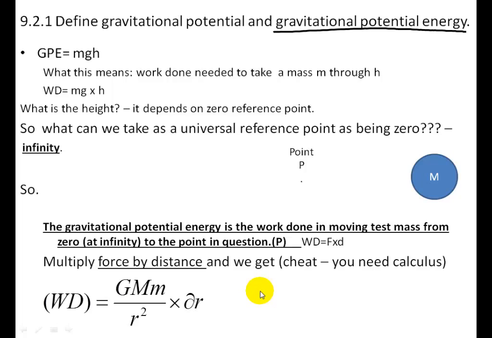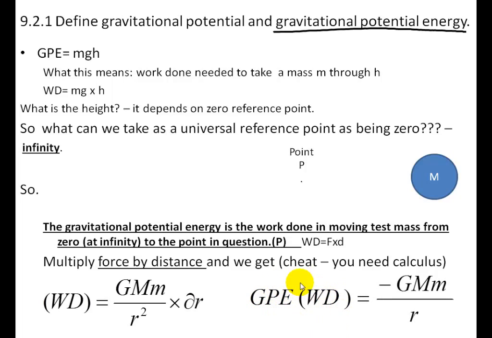If you do this thoroughly with calculus, it works out very nicely. What we end up with is an answer like this: the gravitational potential energy, or what we used to call mgh, is equal to minus GMm over r. This is the gravitational potential energy.